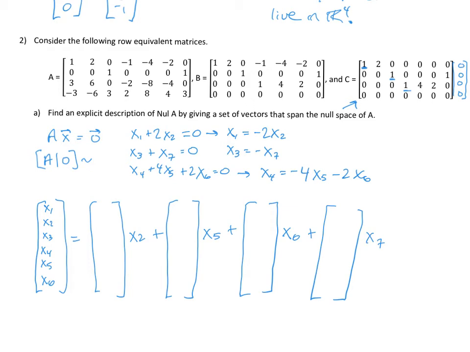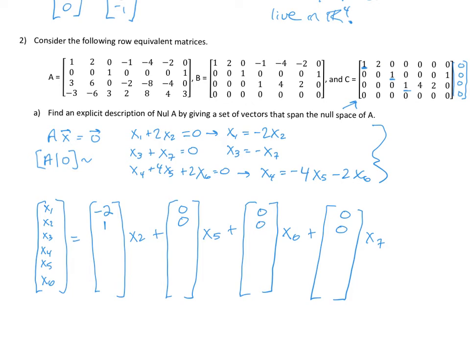Then I just fill in these vectors to match these three equations. So x1 is negative 2x2. So in the first spot in the x2 vector, I'm going to put a negative 2, and then zeros everywhere else. And then x2 is one of my free variables, so I just need x2 equals x2. So I'll put a 1 there and zeros everywhere else.